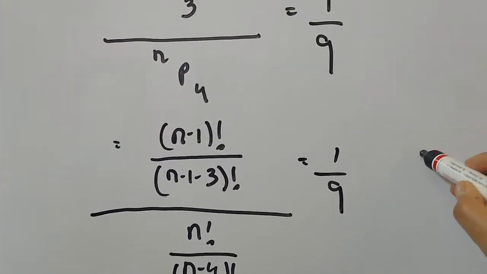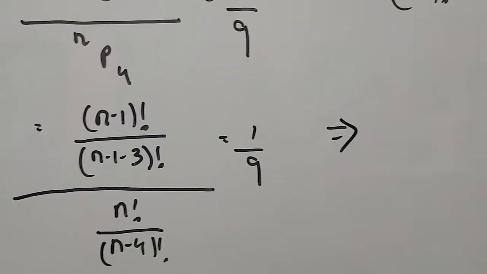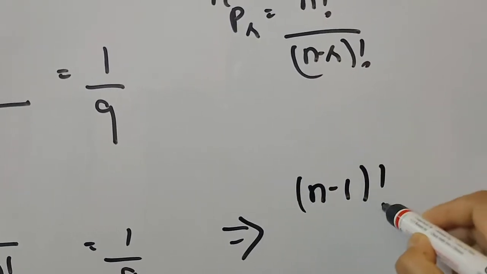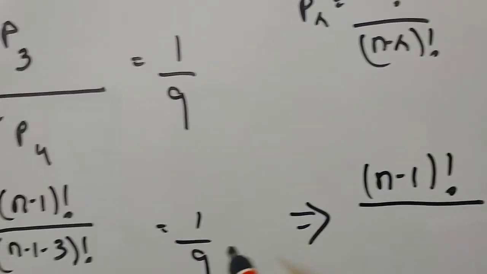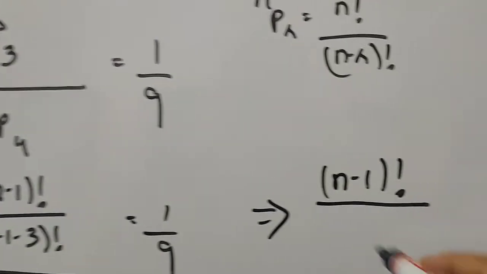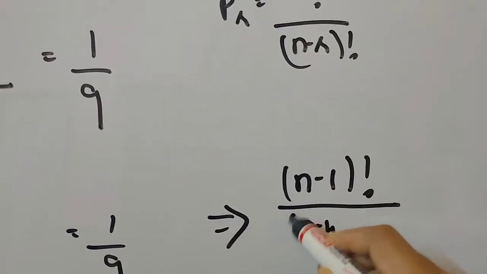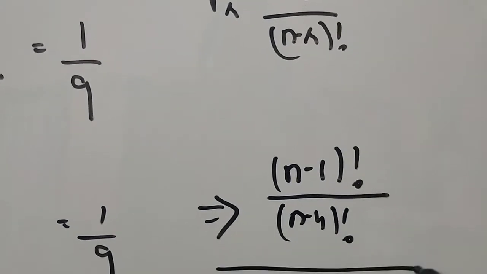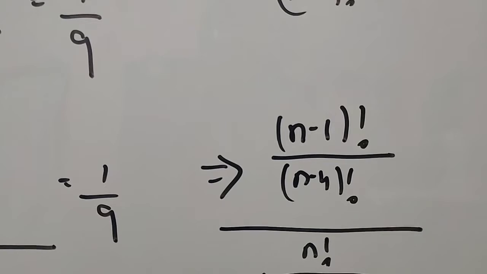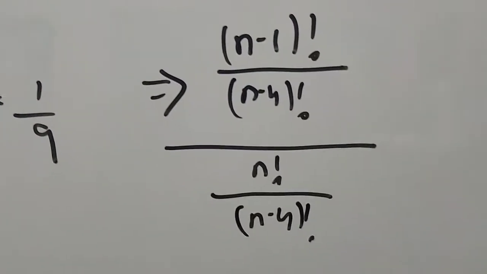So the same thing can be written as (n minus 1) factorial divided by (n minus 1 minus 3), and n minus 1 minus 3 is n minus 4, factorial, divided by n factorial by (n minus 4) factorial.